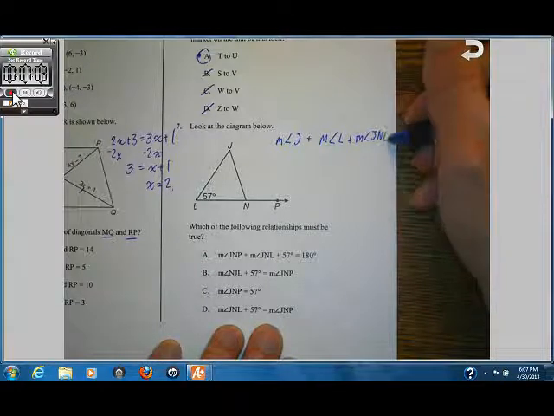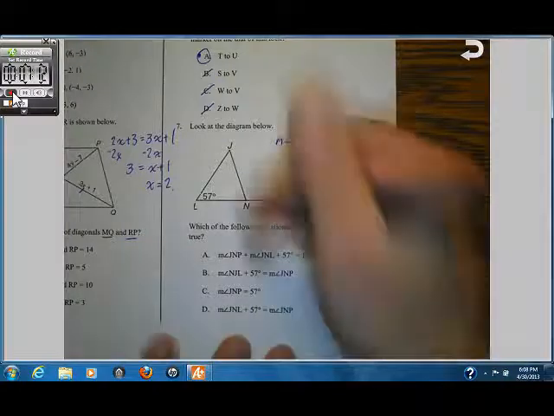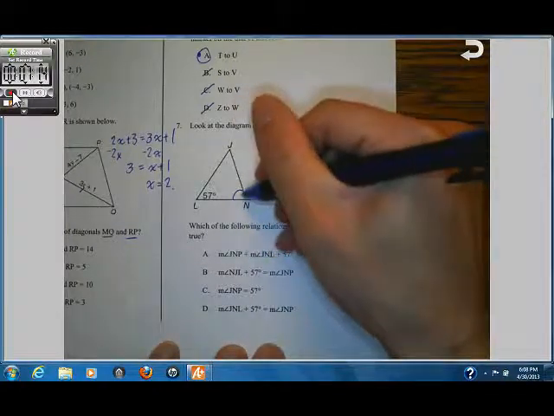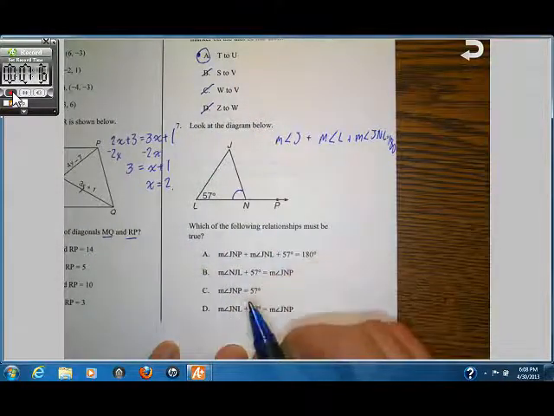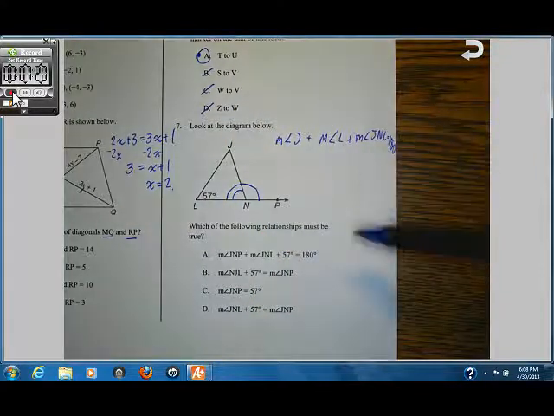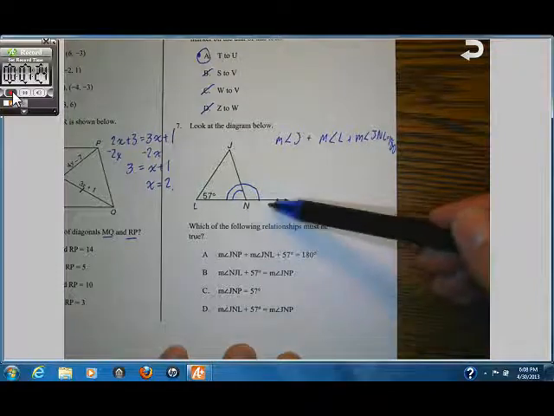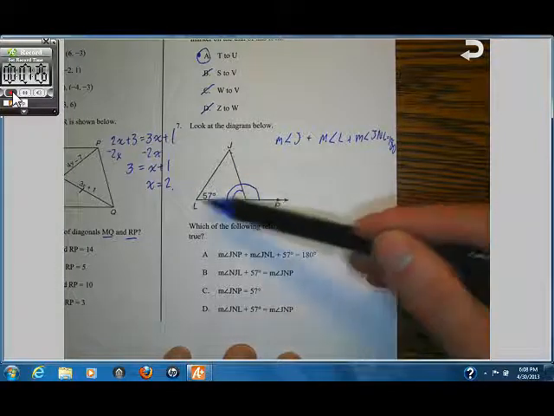Okay? So this angle plus these other 2 add up to 180. But the other thing is that this whole arc right here is 180. So the measure of angle JNP plus JNL is already equal to 180. So statement A is clearly false.